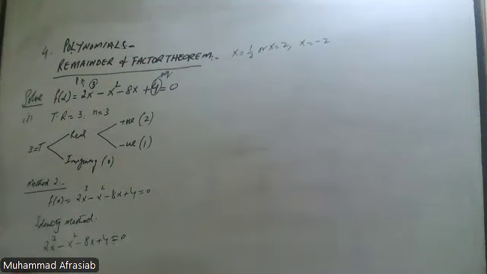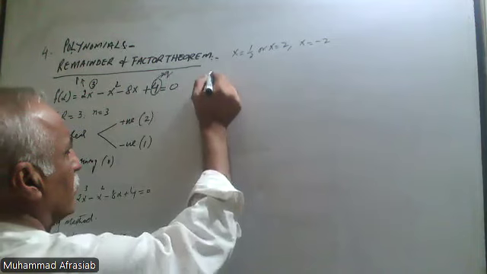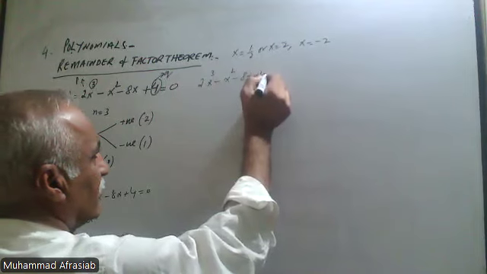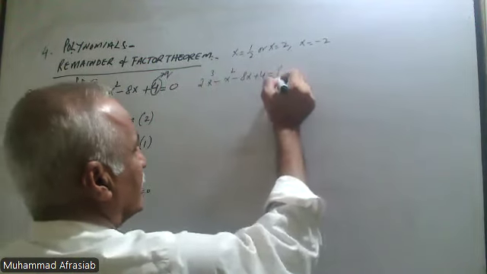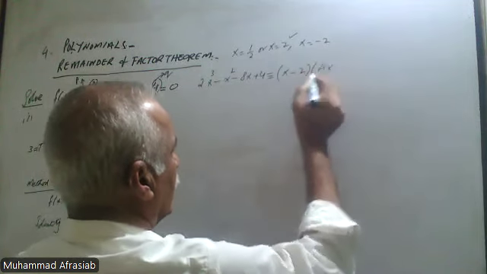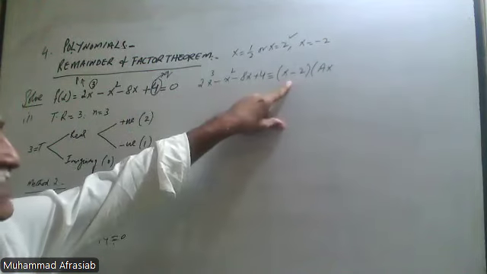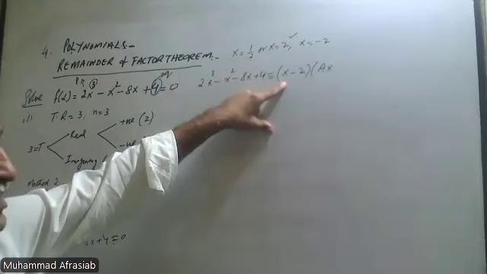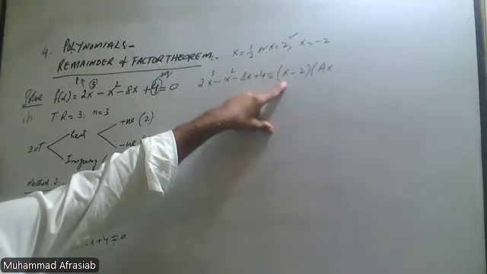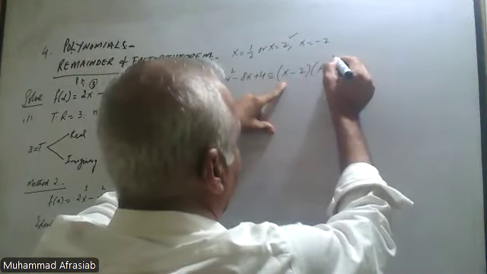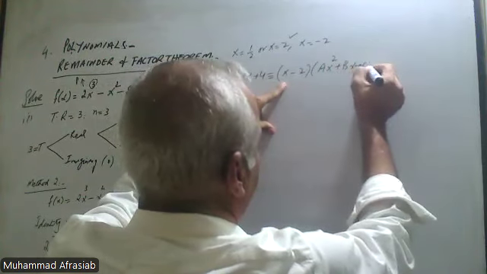Then after finding the first factor, this 2x cube minus x square minus 8x plus 4 is identical to, let's say we selected this, then x minus 2 into, because it is a cubic equation and this one is linear, so 3 minus 1 is 2. So that means a quadratic equation, which we have explained in the previous videos. So it should be equal to a quadratic, which is ax square plus bx plus c.